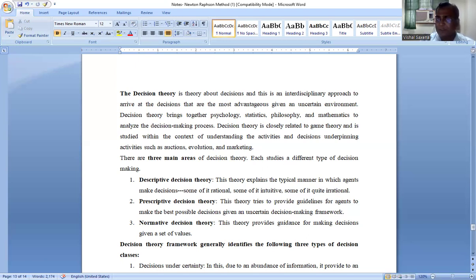But the game theory model is quite different from decision theory, because decision theory is the model which helps the researcher make decisions in various conditions.